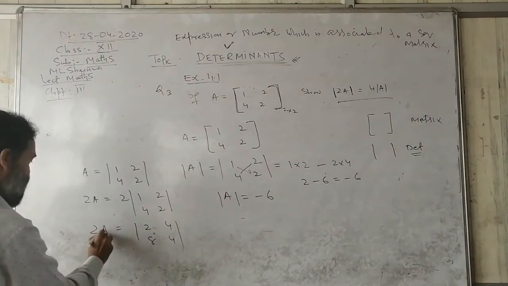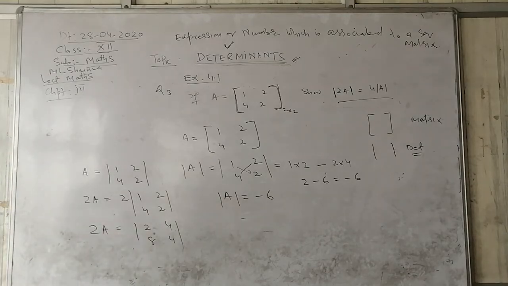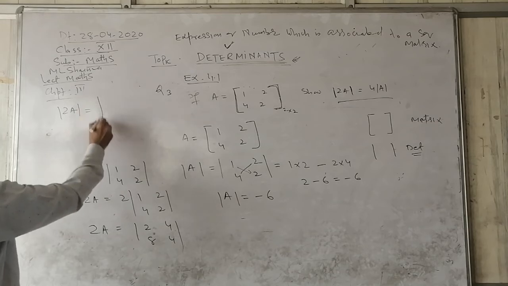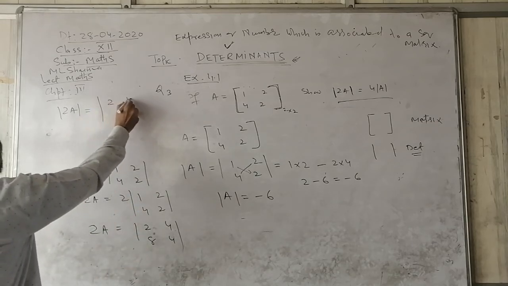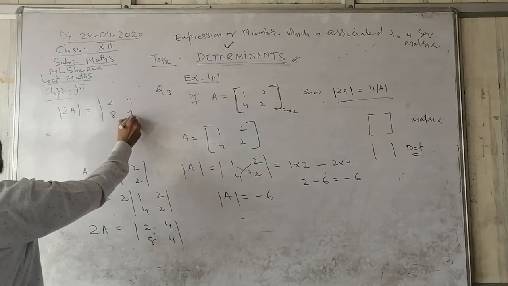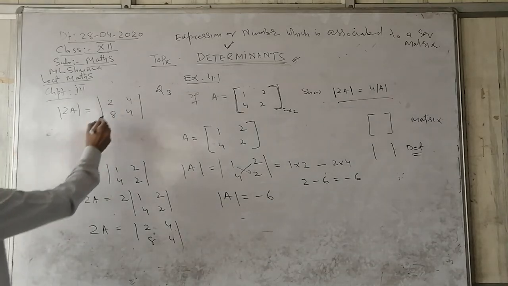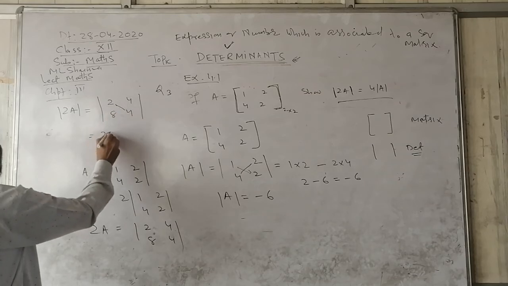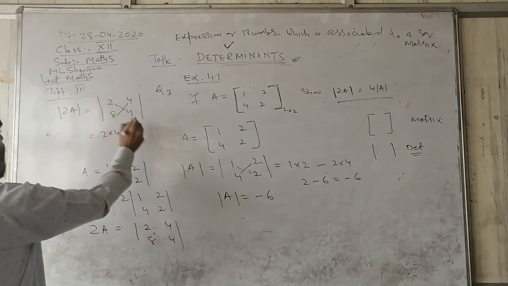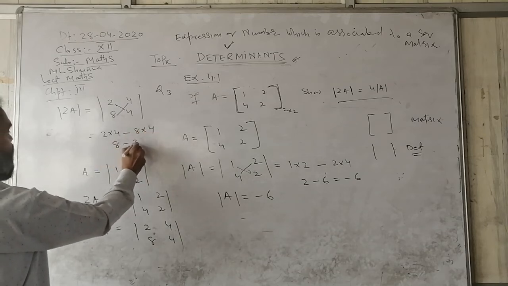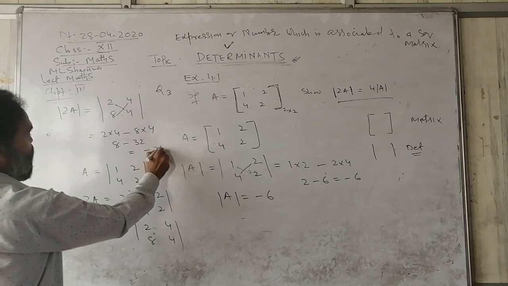This is the value of 2A. Now I have to find the determinant of 2A. Its determinant will equal the determinant of 2, 4, 8, 4. Again, by expansion of the determinant, I multiply these two elements, 2 into 4, minus 8 into 4. So this will be 8 minus 32, which is minus 24.